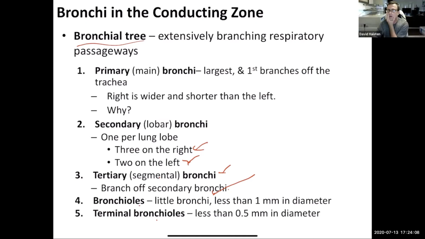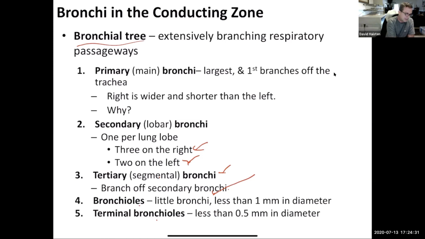Yes. And what comes after respiratory bronchioles? Alveolar ducts. Yes. The alveoli open off of the alveolar ducts. As soon as we reach respiratory bronchioles, we're in the respiratory zone. Some gas exchange can happen.